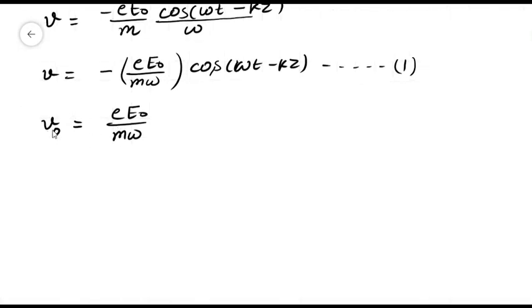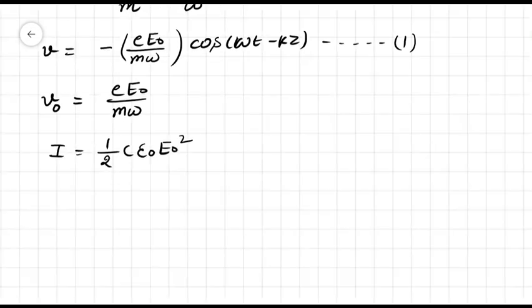Now to calculate v naught, we will need E naught and omega. E naught is simple. The relation between intensity and the amplitude of the electric field is I equals 1 over 2 c epsilon naught E naught squared.